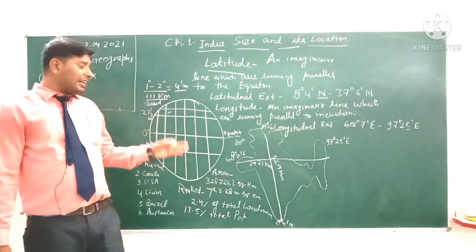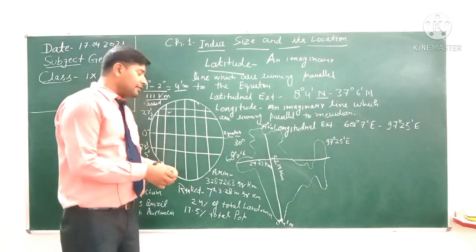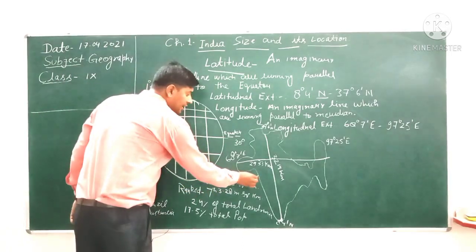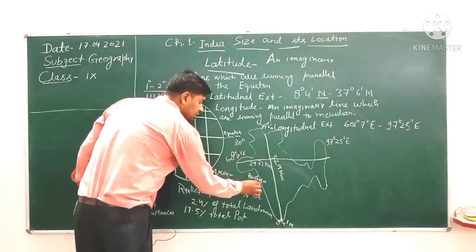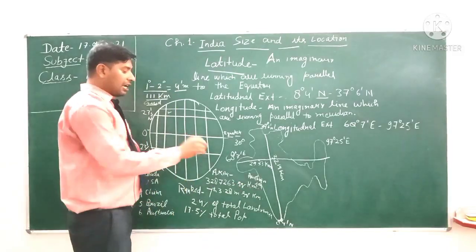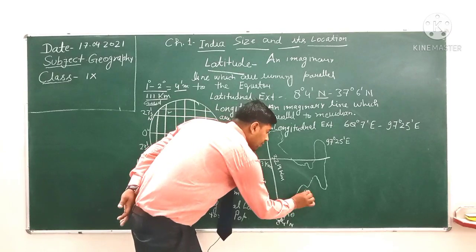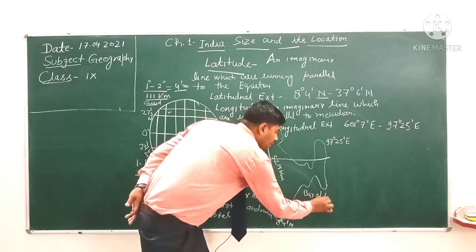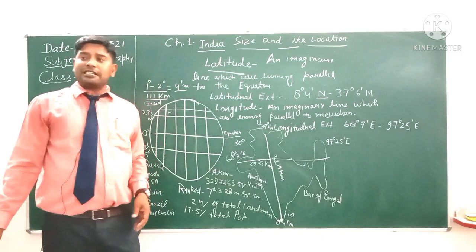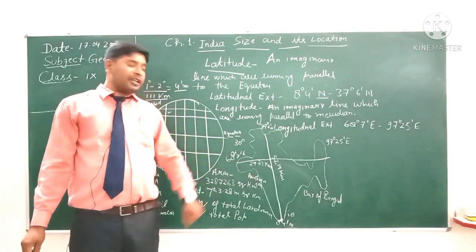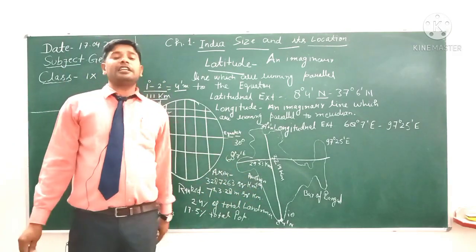If any land mass is covered on 3 sides by water bodies, as we see here, in the west of India there is the Arabian Sea, in the south the Indian Ocean, and in the east the Bay of Bengal.